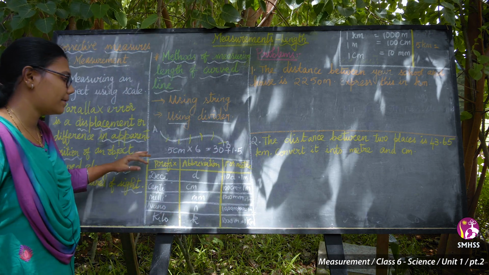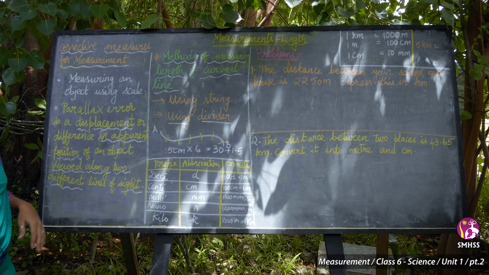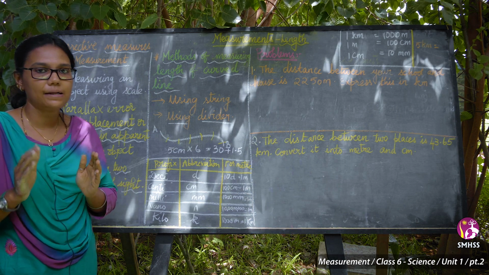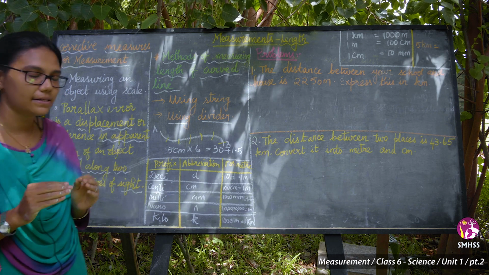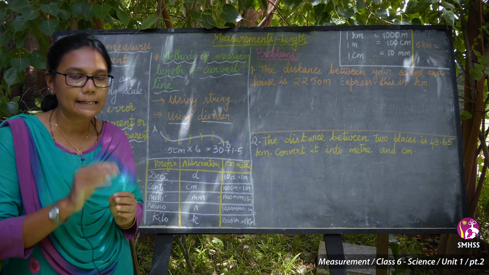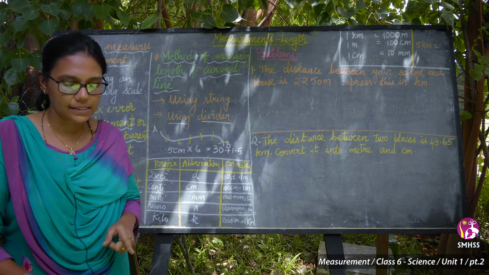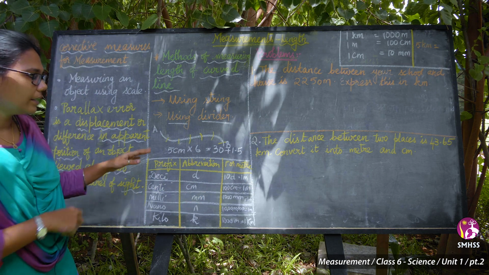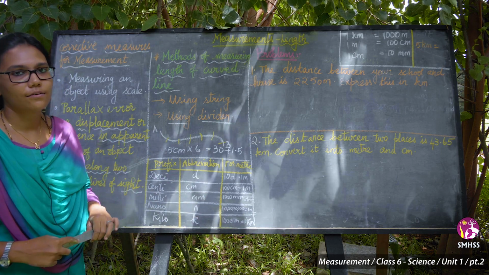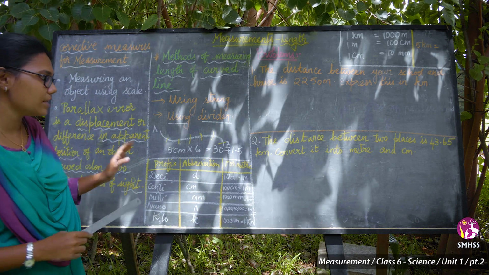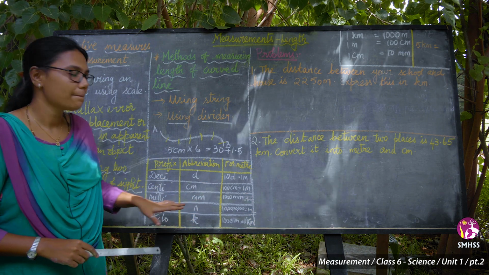Next we are going to see prefix and abbreviation. What is a prefix? For example, decimeter. For the decimeter, what do they say? With respect to the meter, 10 decimeter is equal to 1 meter. Why do we have to read out all this tabulation now? For your problems. For calculating the problems, you must know the standard units.